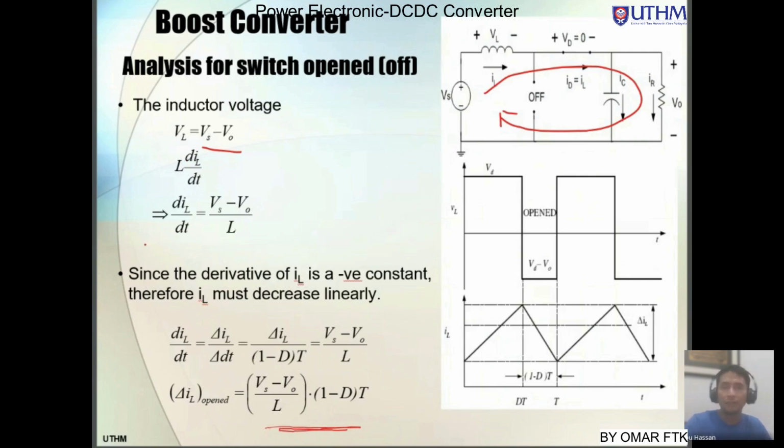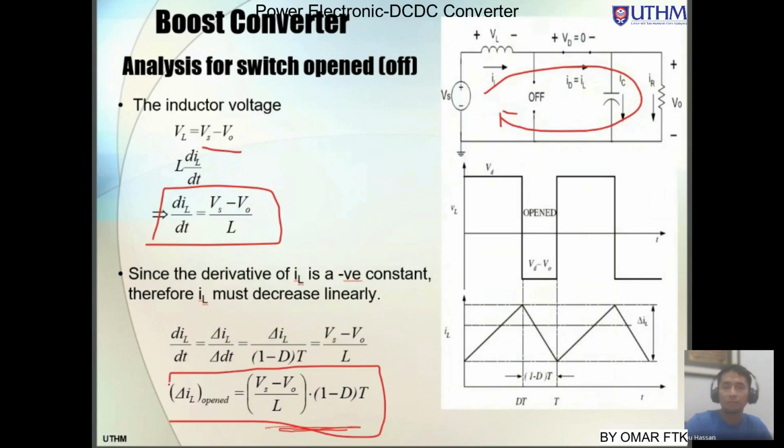So we will get this, and from this we can rearrange, where dIL we change to delta IL. Delta IL open is the current during the discharging. This one is number 2; number 1 is during the charging process.